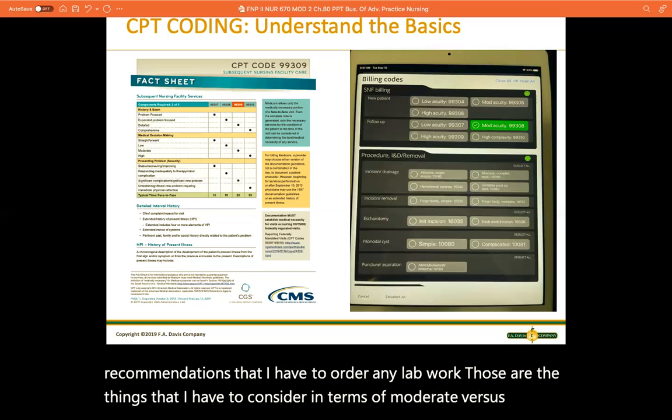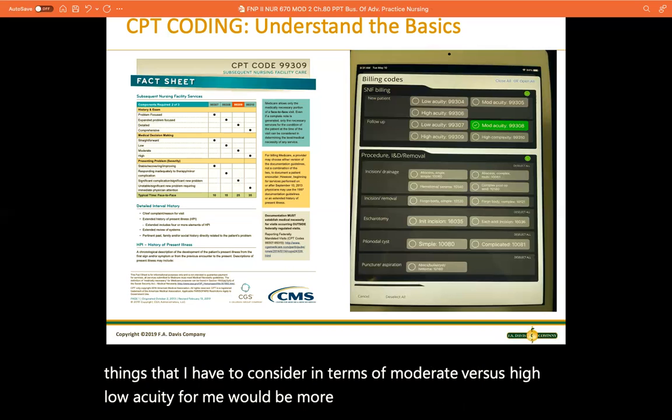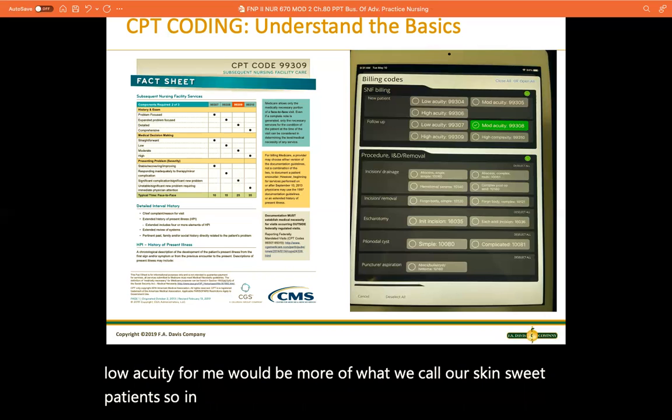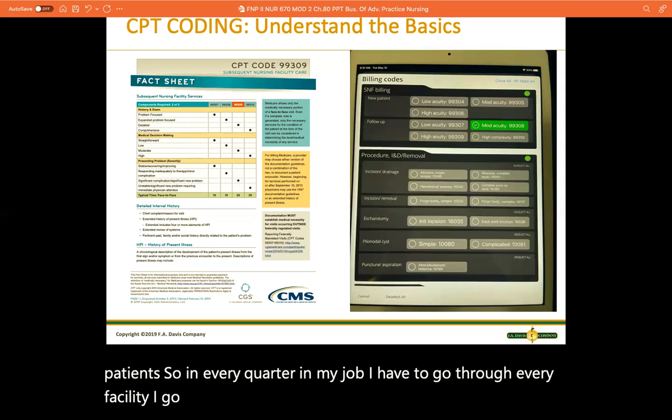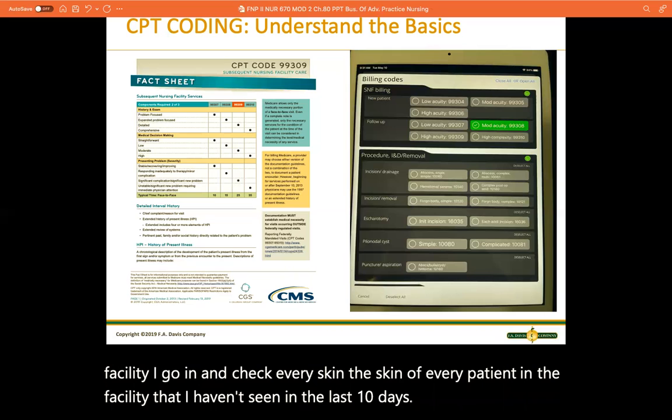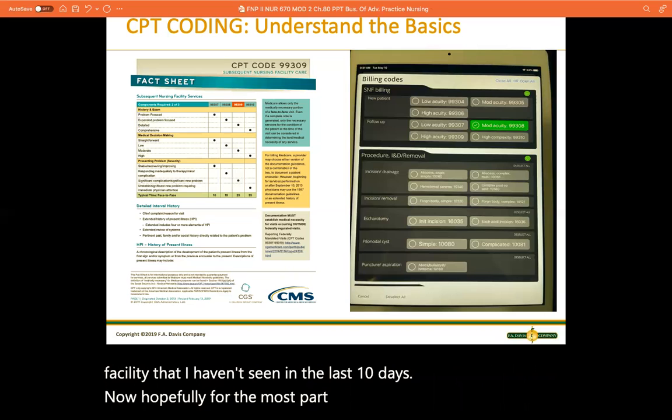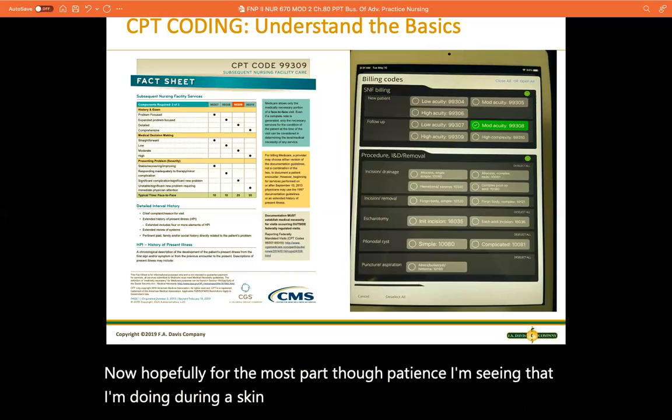Low acuity for me would be more of what we call our skin sweep patients. So every quarter in my job, I have to go through every facility I go in and check the skin of every patient in the facility that I haven't seen in the last 10 days. Now, hopefully, for the most part, the patients I'm seeing during a skin sweep don't have anything, most of them, hopefully.